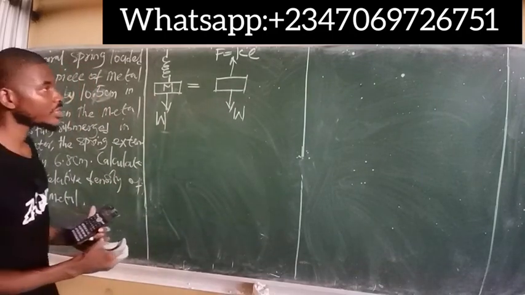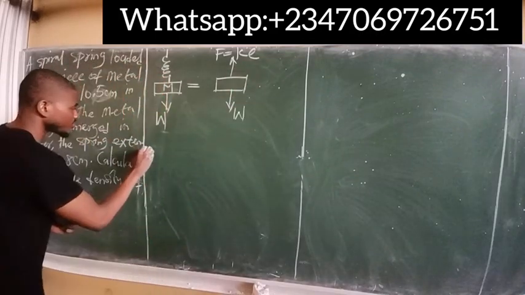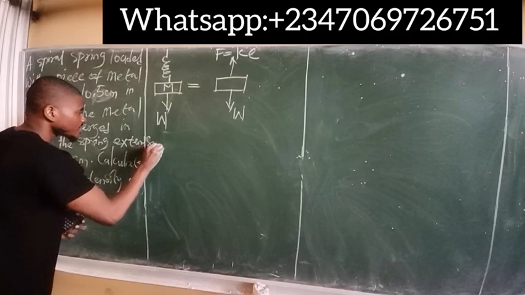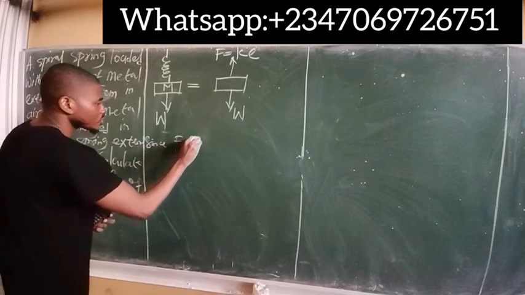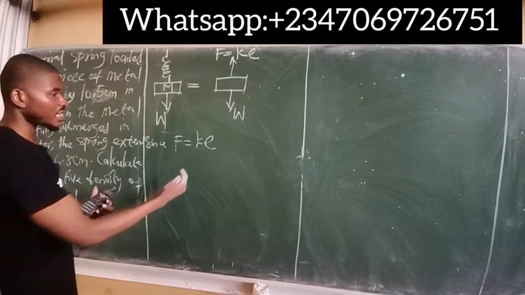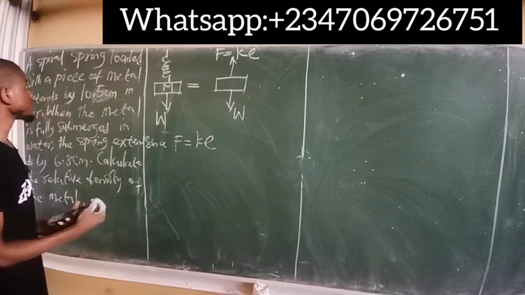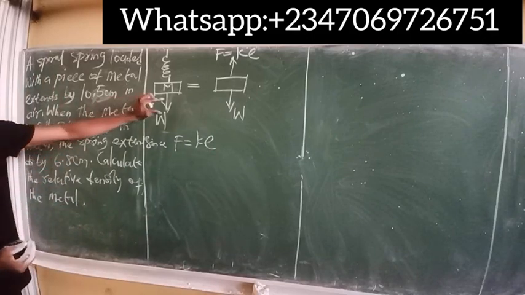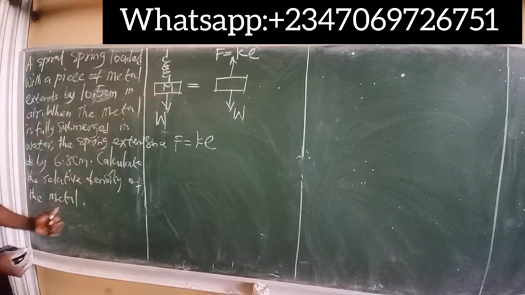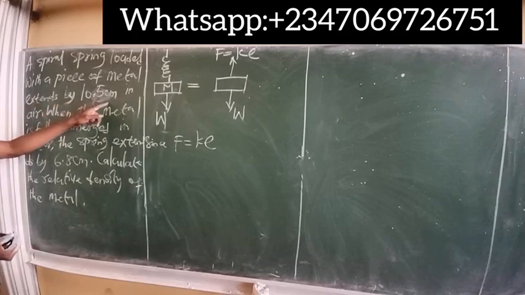So this force is now equal to, recall, since force is equal to spring constant times extension. We weren't given the force, and of course, we were given the value of the extension. So in air, this is the condition in air, not forgetting this condition in air. So in air, the material extends by 10.5 centimeter.